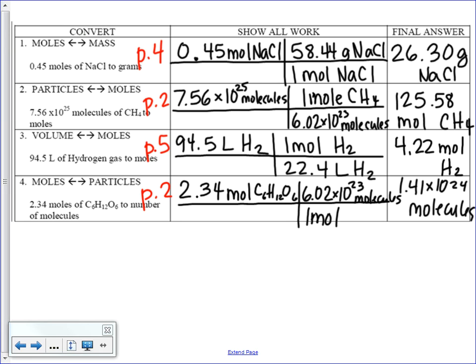So here are the answers to problems 1 through 4. Please make sure that you are labeling everything correctly so that you can keep track of things once we start doing 3-step problems instead of 1-step problems. So pause the video now and check your answers to questions 1 through 4.